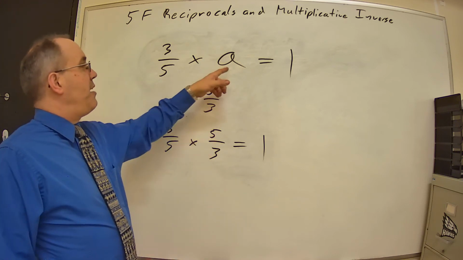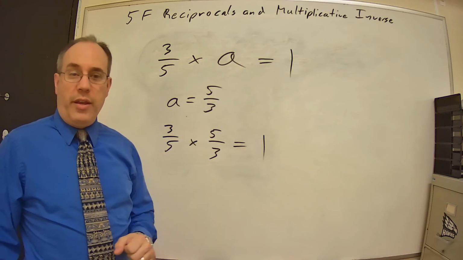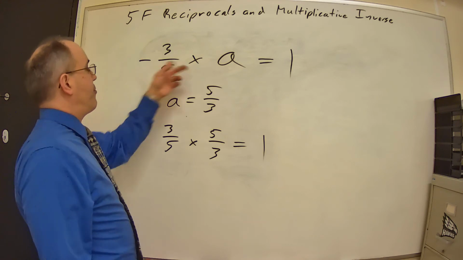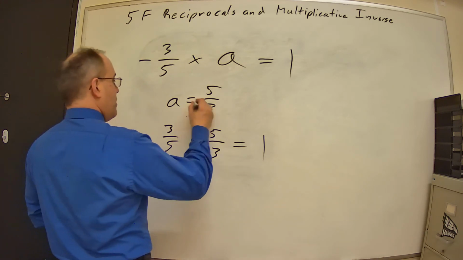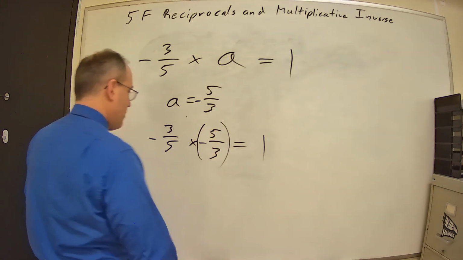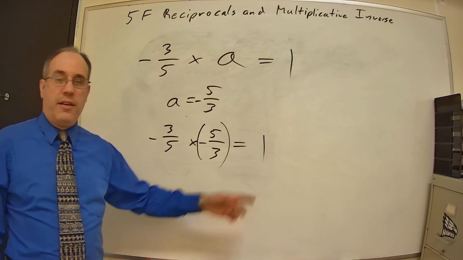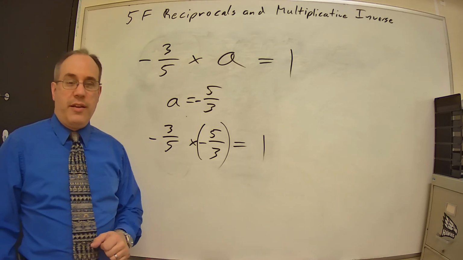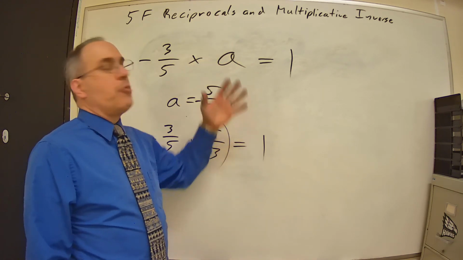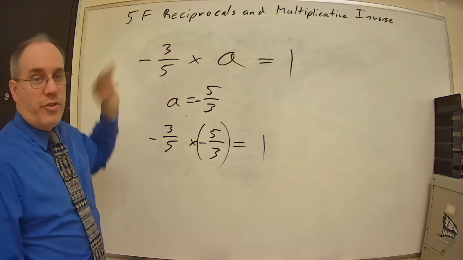It's the value that if you multiply the original number by it, will give you 1. If this was negative 3/5, then A would be negative 5/3, which will still give me positive 1. So that's the reciprocal and the multiplicative inverse. So the multiplicative inverse is essentially just the reciprocal of whatever the original factor was.